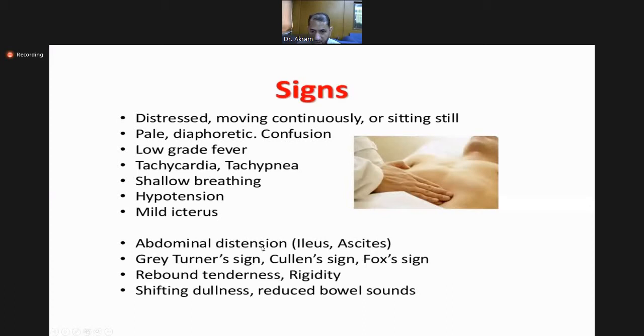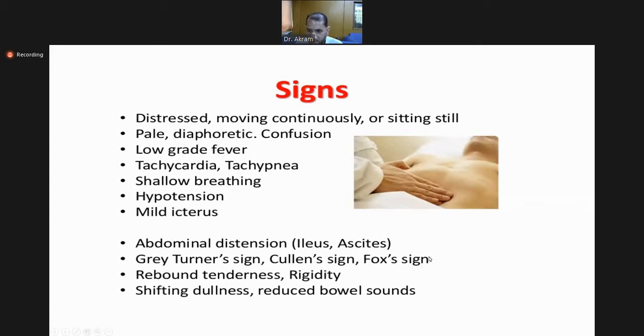Cullen sign: when the pancreas becomes swollen, it develops fluid collection around the pancreas, a retroperitoneal collection. When this collection appears around the umbilicus, you call it Cullen sign. When this collection appears around the flank, you call it Grey Turner sign.